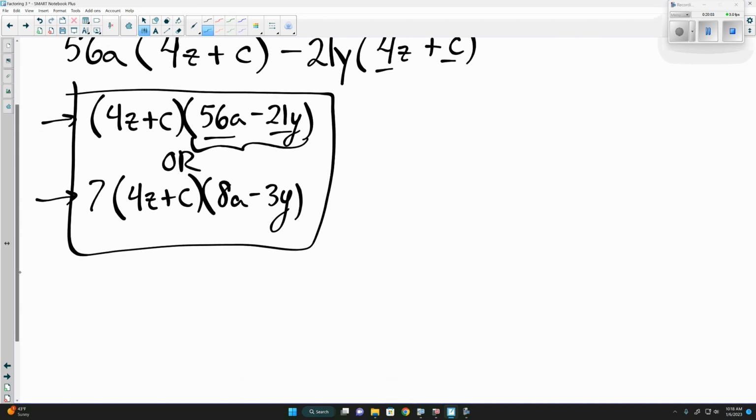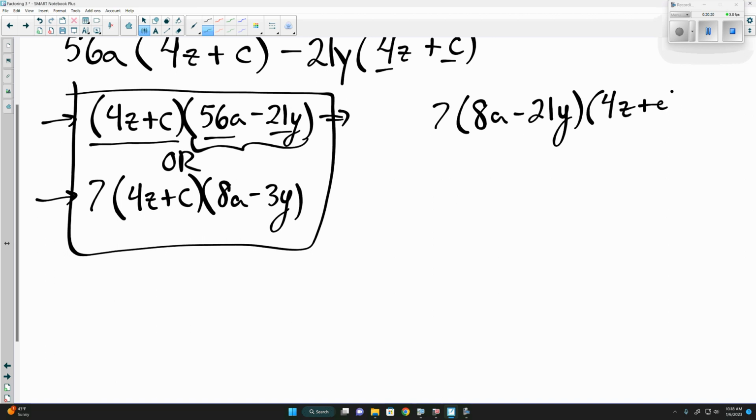So really all we did was the second one here is 7 times 8a minus 21y. So we just pulled it out of that one. And this whole thing is being multiplied by? Yep. So we factored out a 1.